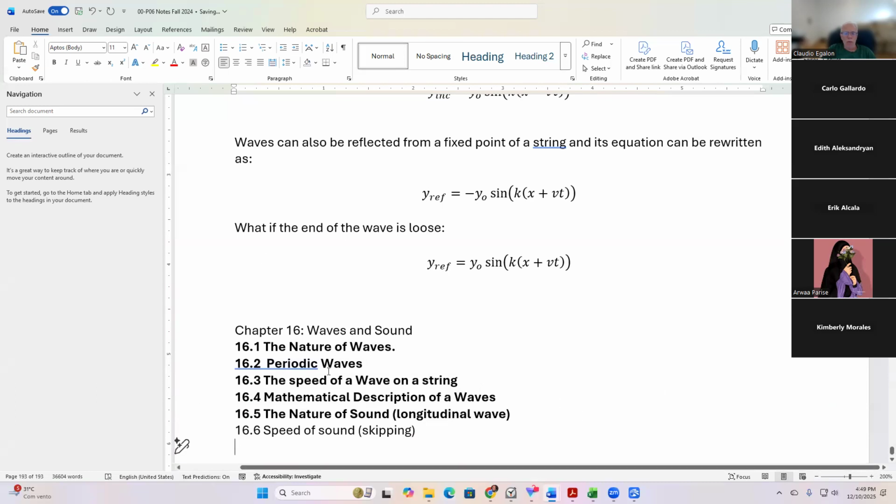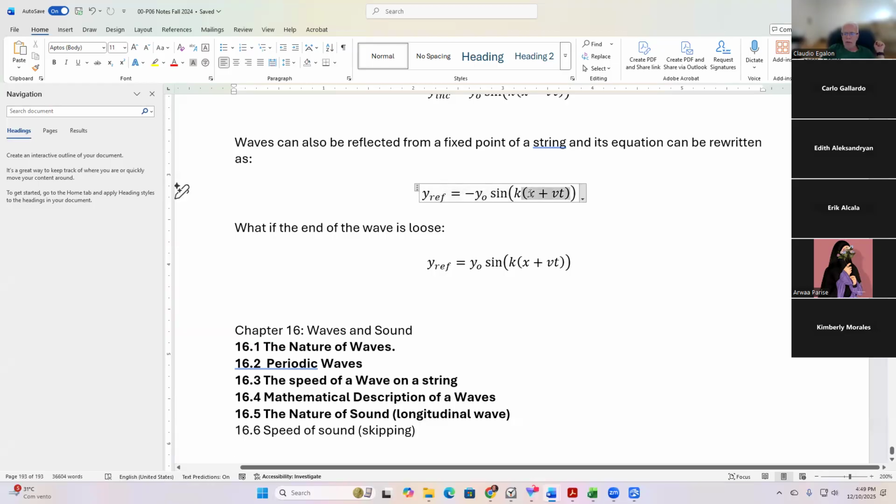And all those waves, whether they are transverse or longitudinal, have a similar mathematical treatment. It's going to be either a sine or cosine of kx plus or minus kvt.